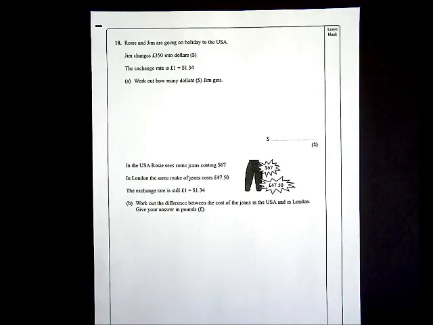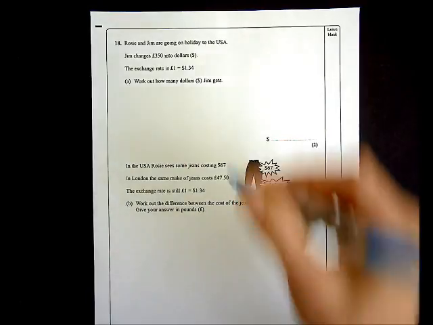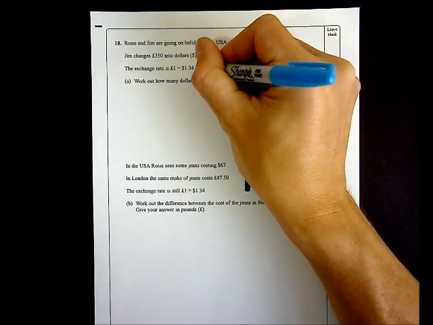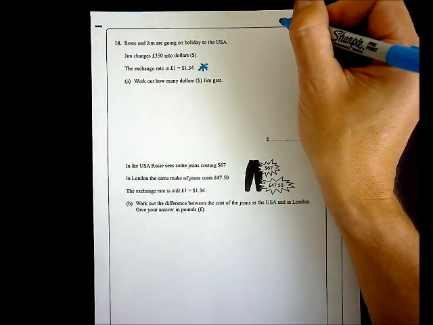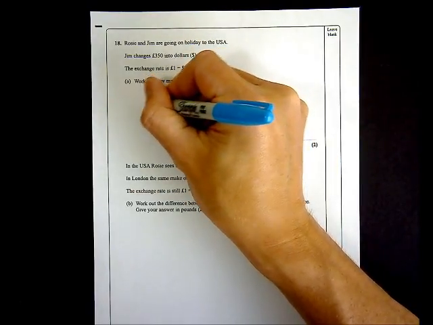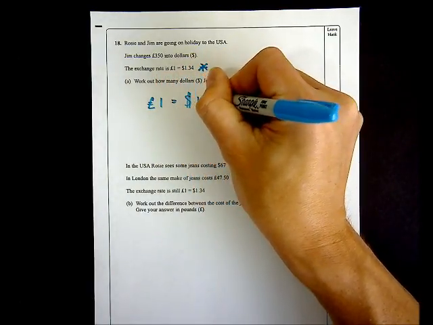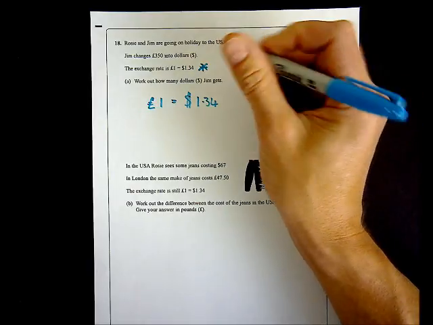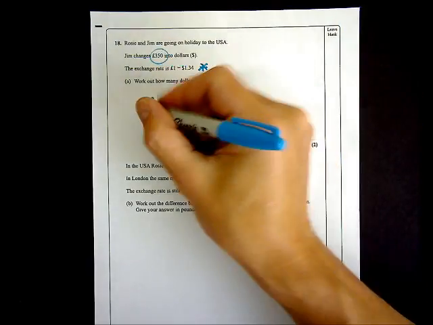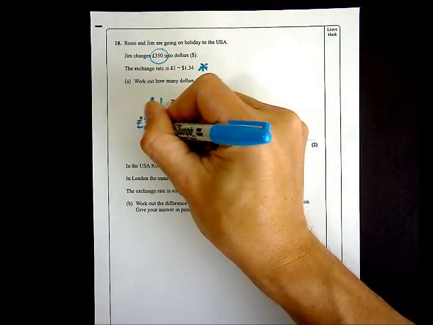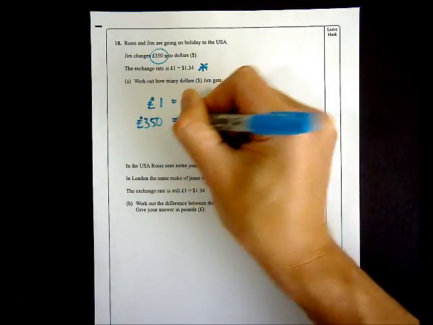In question 18, I'm told that Rosie and Jim are going on holiday to the USA, and that Jim is changing £350 into dollars, and I'm given an exchange rate of £1 is $1.34. So I'm going to write that exchange rate. And I'm going to write my £350 on the correct side underneath the pound.